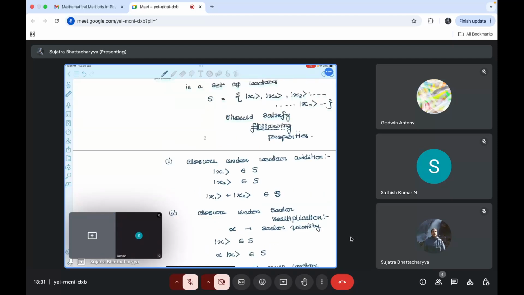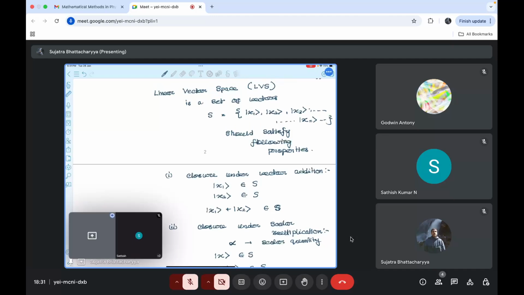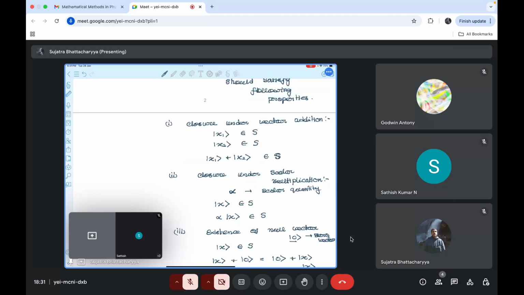Okay. So what we are trying to deal with here is that suppose I am saying that this S is a set of several vectors. I want to confirm whether this S is a vector space or not. To confirm that this S, which consists of several vectors, is a vector space, we try to do certain exercises.